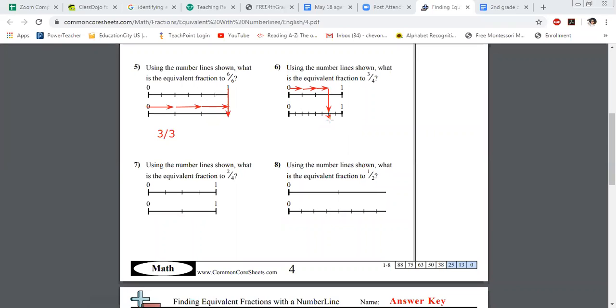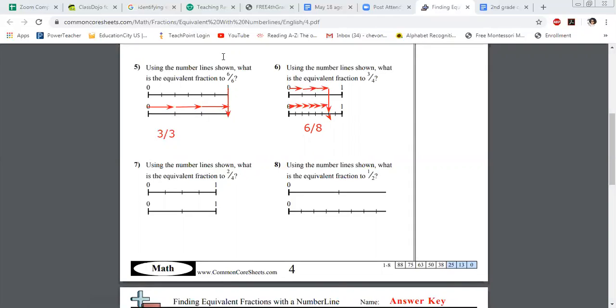So these are going to be in eighths. So let's see. We have 1/8, 2/8, 3/8, 4/8, 5/8, and we have 6/8. So 6/8 is going to be our equivalent fraction on this number line.